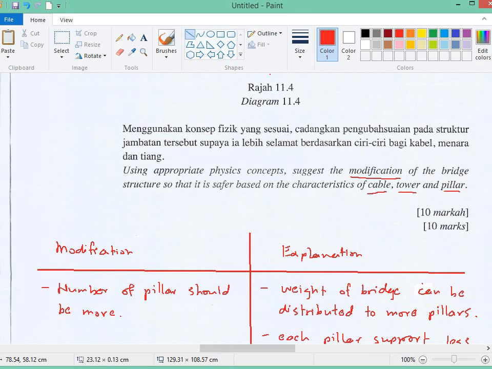Okay, so write as much as possible. If you have an idea, you just write. But if you have enough 5 modifications already, don't stop and think, what else, what else, what else. Don't stop and think, because you are wasting time. If you have 5 already, go to the next question. If you still have other questions not yet answered, complete everything first.